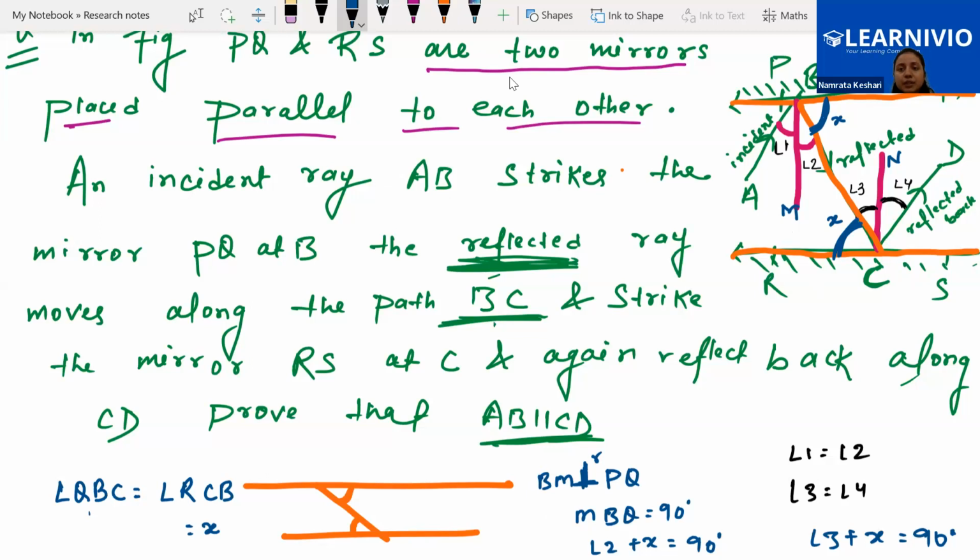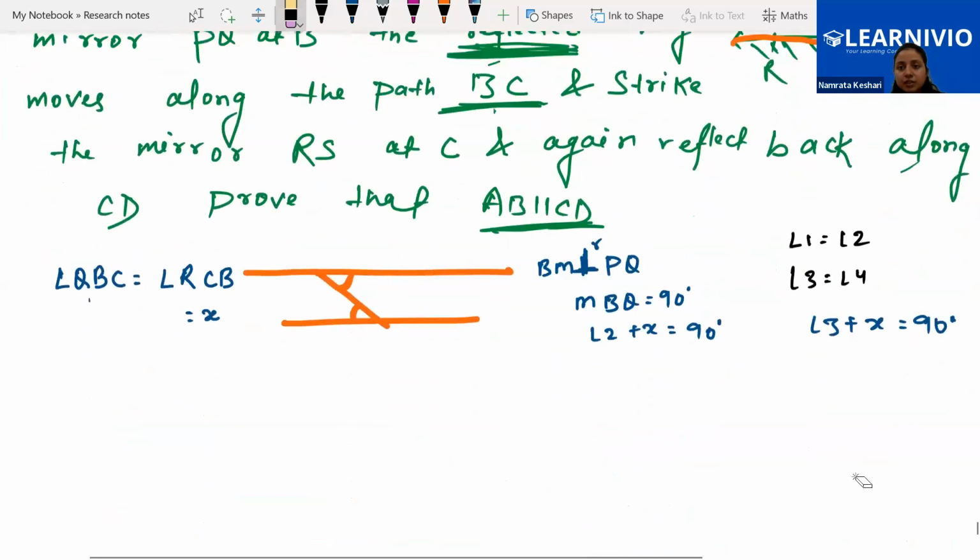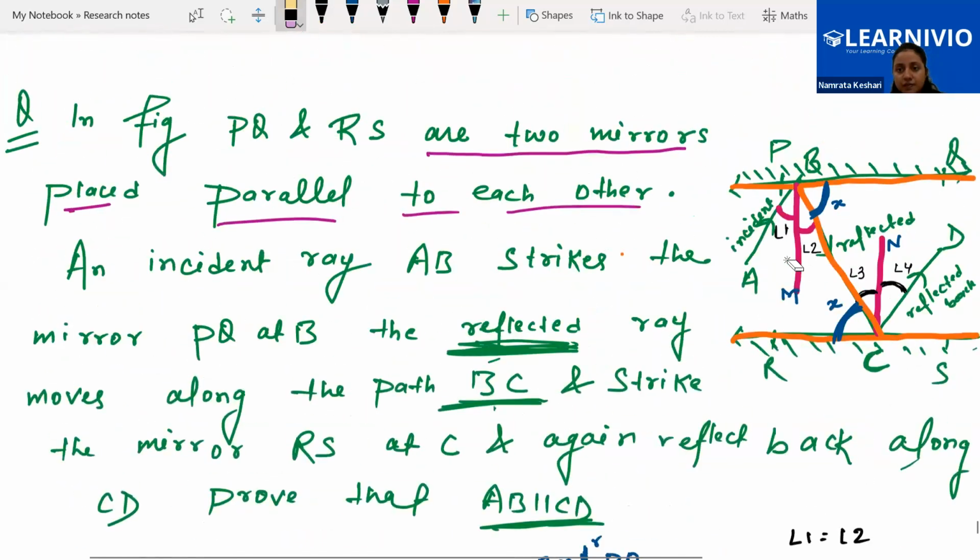Then we were supposed to prove AB and CD, but we ended up proving BM and CN. So, okay, no worries. Let's see what else we are getting from here. Just a second. This figure has become very cluttered.